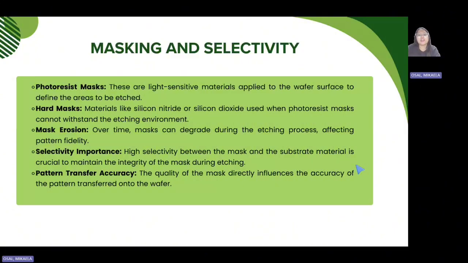Choosing the right mask material is key. Hard masks like silicon nitride offer better durability for deep etches. Managing selectivity allows for deeper, more precise patterning without damaging other parts of the structure.